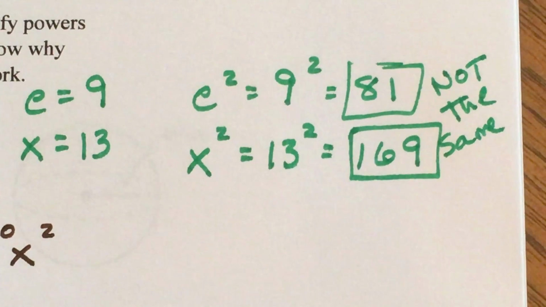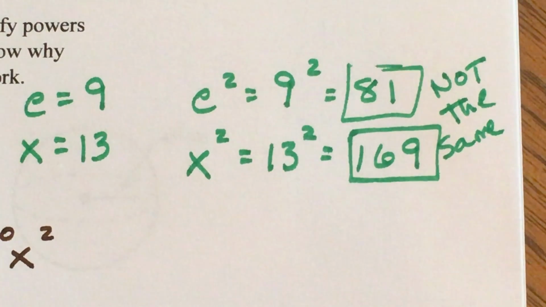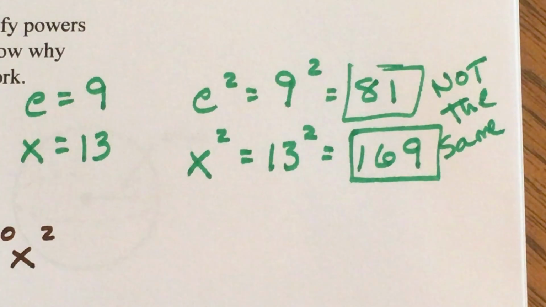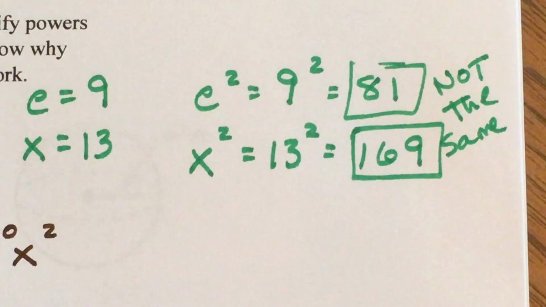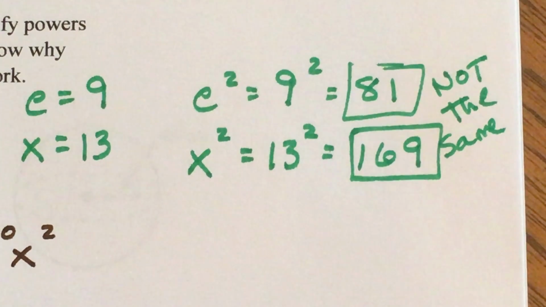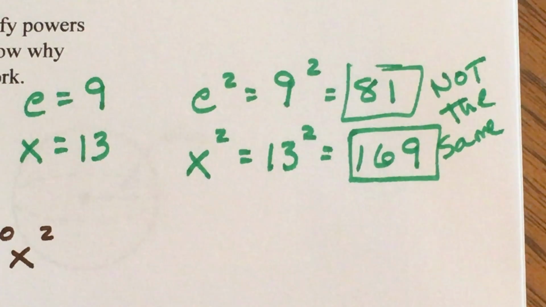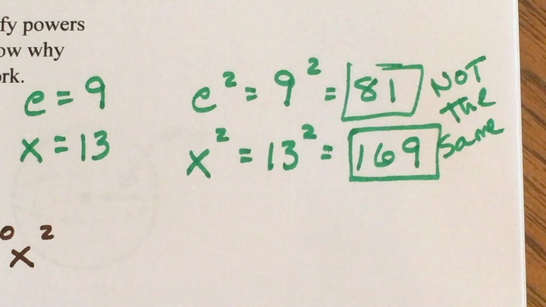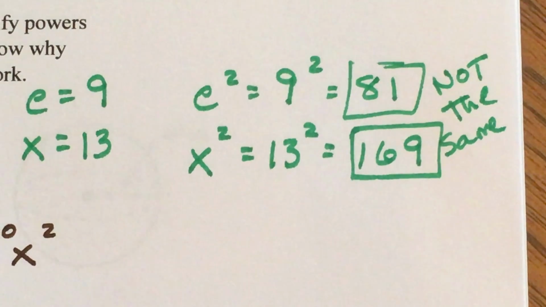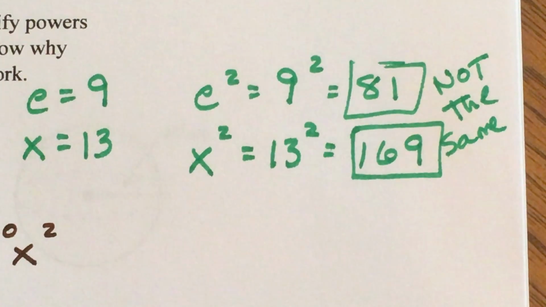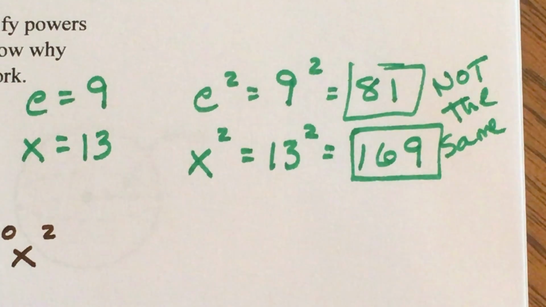The idea is that each different variable potentially has a different value, and we have to account for that. Yeah, you're right, sure. They might have the same value, but the vast majority of the time, they're going to have different values. So we have to acknowledge that and account for it.